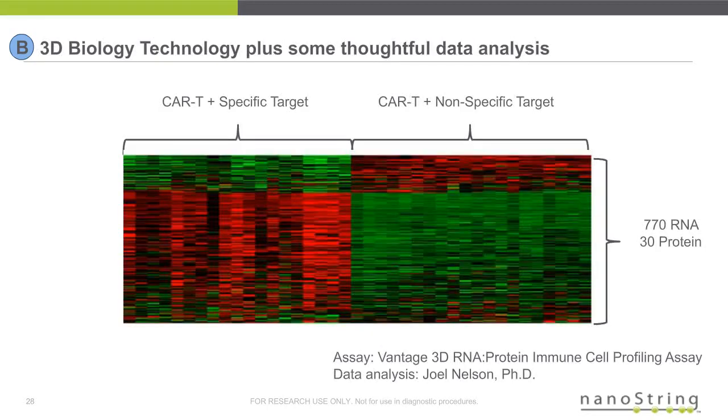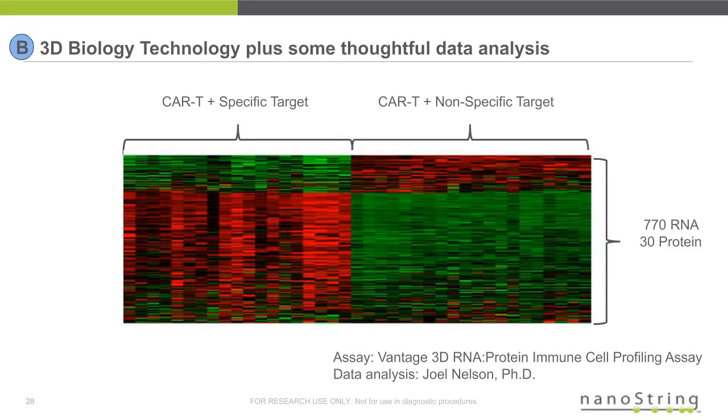We're looking at 770 RNAs and 30 proteins using our immune cell profiling. And we have the CAR T cells with the specific target or the non-specific target. And we can see very strong differences in the expression, which will help some collaborators here learn more about the biology of their CAR T cells with respect to them hitting their specific target. But really what they want to know is, how does this relate to clinical outcome?